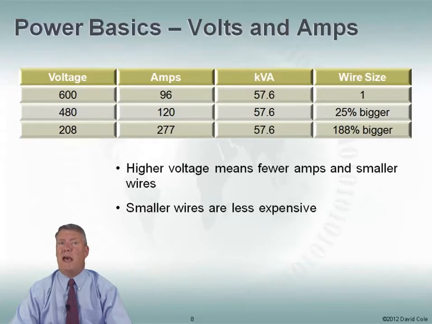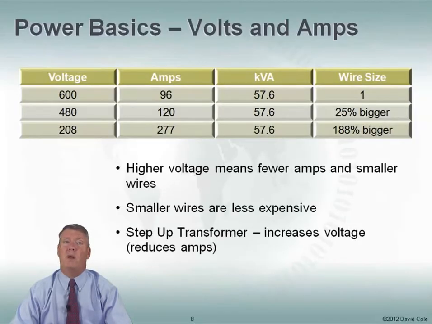In order to do that, to get the same amount of apparent power, what do we have to do? We have to increase the voltage. Remember up there at the top we had 600 volts, 96 amps. Down at the bottom we had 208 volts, 277 amps to get the same amount of apparent power coming out. So how do I change between these voltages? I use something called a transformer. A step-up transformer increases my voltage.